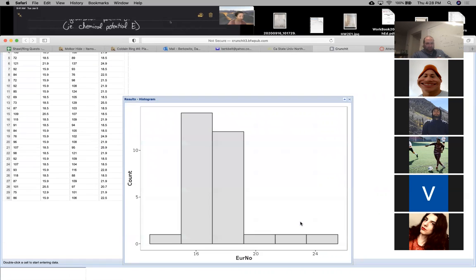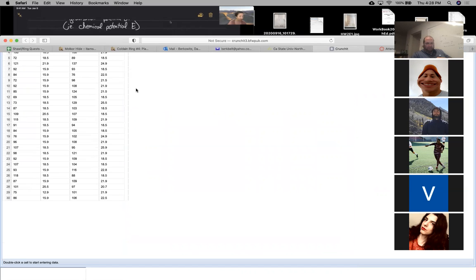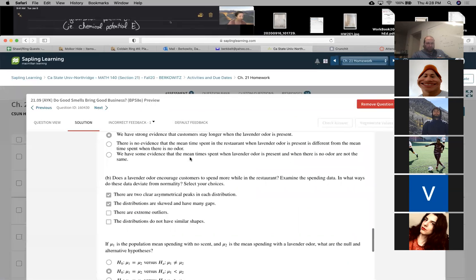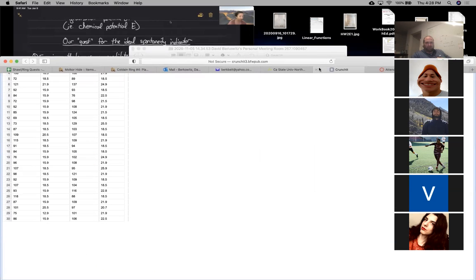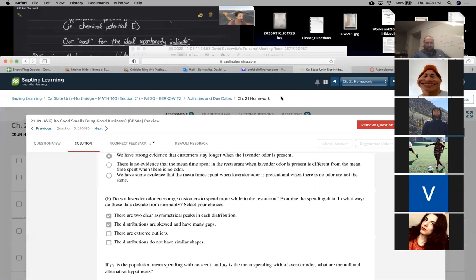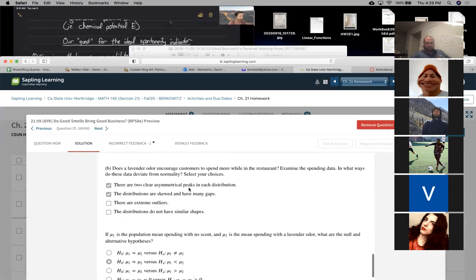No. Well, kind of hard to see that one. Maybe the sample size was the wrong size. The distributions are skewed and have many gaps. Well, we certainly saw that for the second one, but I'm not sure about the first one so much.